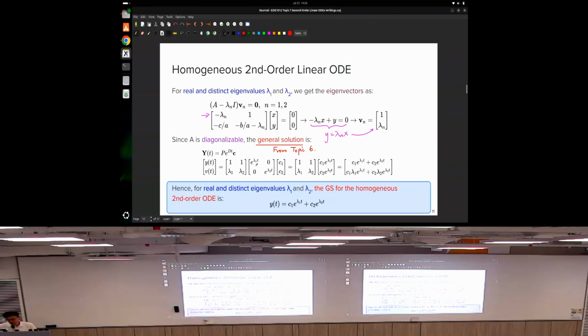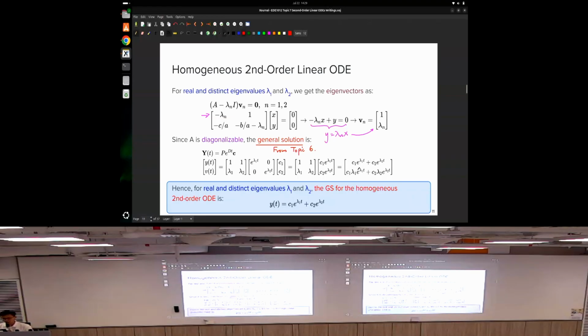You can see that your diagonal matrix e to the Dt will be e to the lambda 1 t and e to the lambda 2 t, diagonal. Then the c vector, as we explained earlier in the morning, has c1 and c2 as the constant vector. Multiply out, and you get this solution.